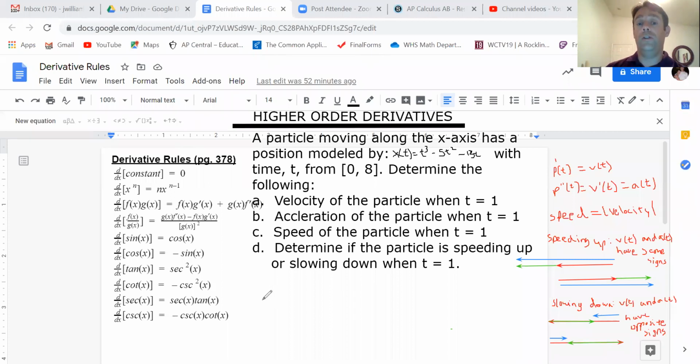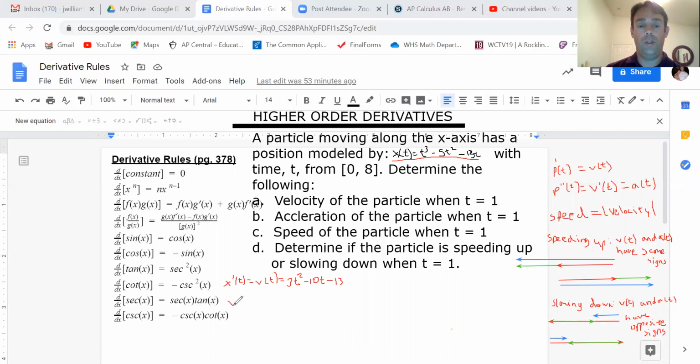All righty, here we go. Velocity is the derivative of position. So if I take the derivative here of position, I should be able to get my velocity. So we have 3t squared minus 10t, minus 13.